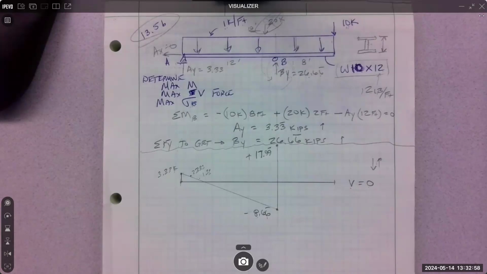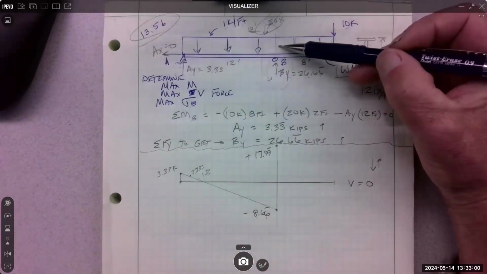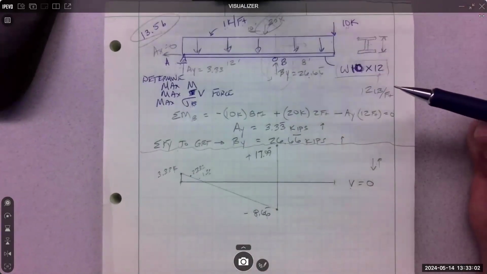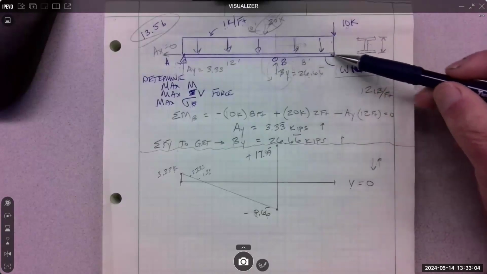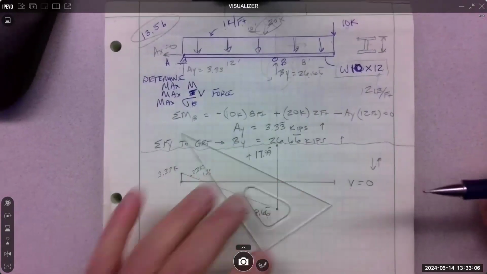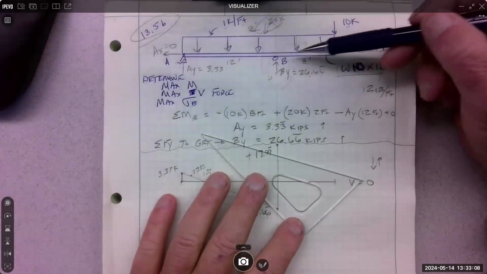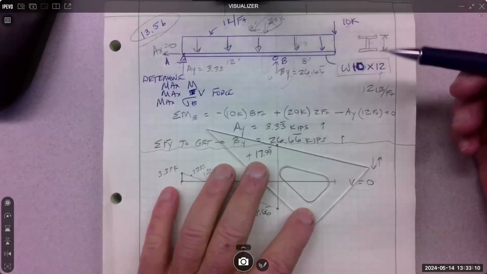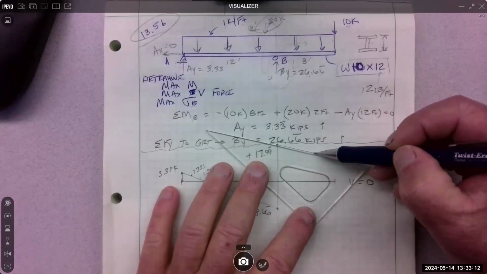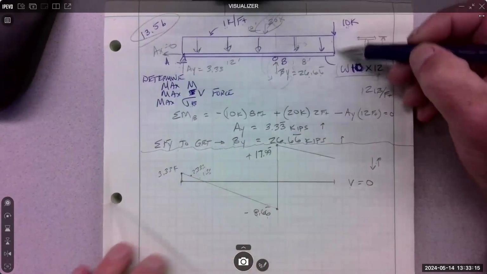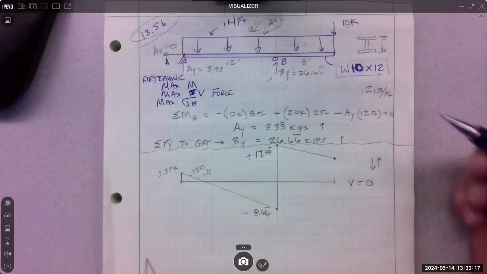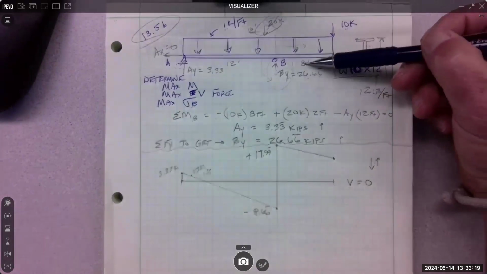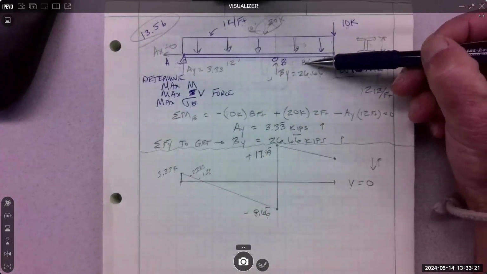Now what happens? What do we see now? Heading away this way, what do we see? Yeah, we see our distribution coming down again. We go down a kip for every foot, correct? All the way over to the end here, what is it right there? So it's down 8 kips.